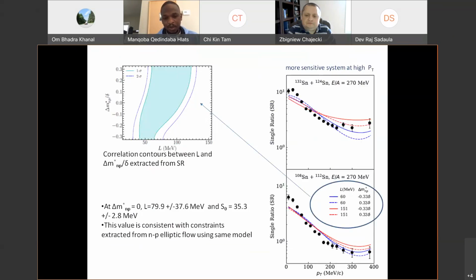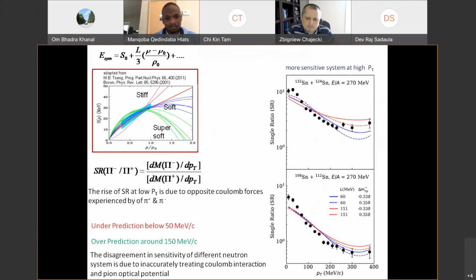Yeah, that's pretty much it. I couldn't make that connection myself. That's what I was asking. Okay, so for that, why you are looking at the ratio of the pions, right?